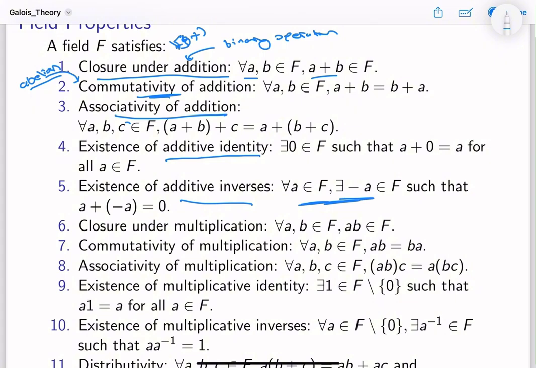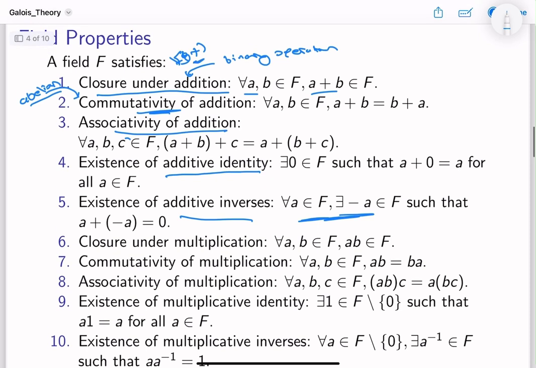So I'm going over these real quick because I'm assuming that the audience is familiar with what a group is. A group is a set with an operation, where the operation is binary, meaning the set is closed under that operation, and we require associativity, existence of additive identity, and existence of additive inverse for every element.